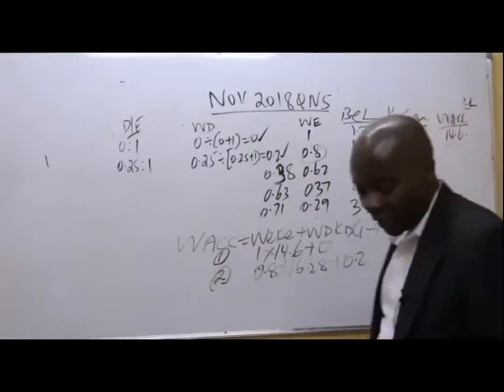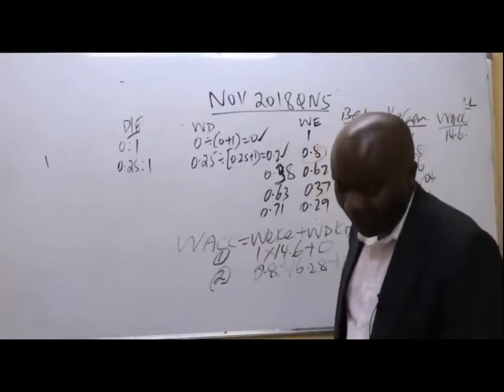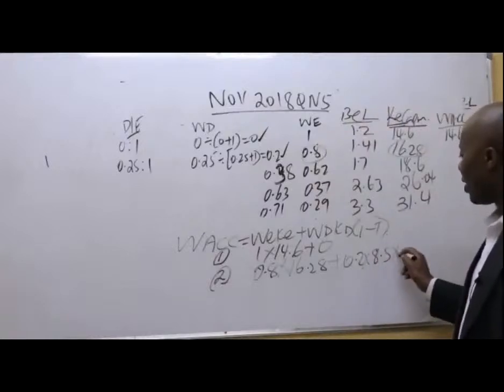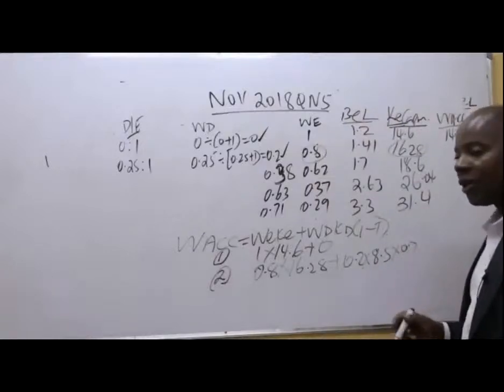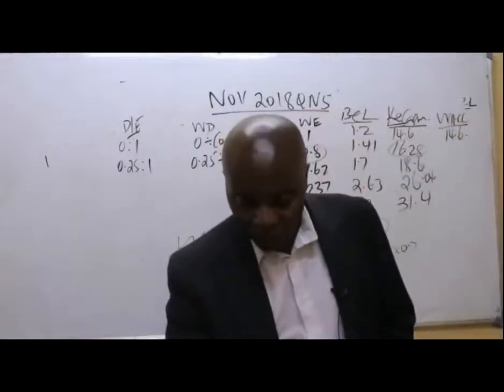The cost of debt has been given on this table. The second cost of debt is 8.5%. So times 8.5, but remember, this has to be tax adjusted.